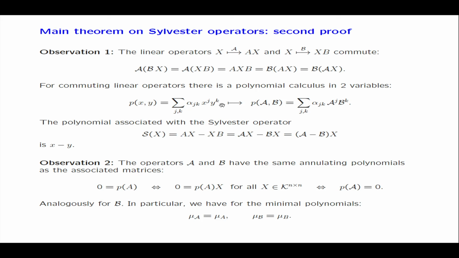And the reason is the commutativity. If you calculate with polynomials, you can exchange x and y and get the same result, and this is also the case for the operators if they commute.